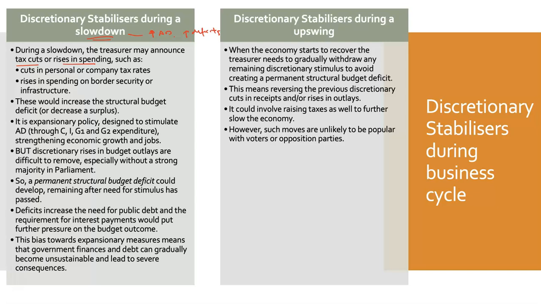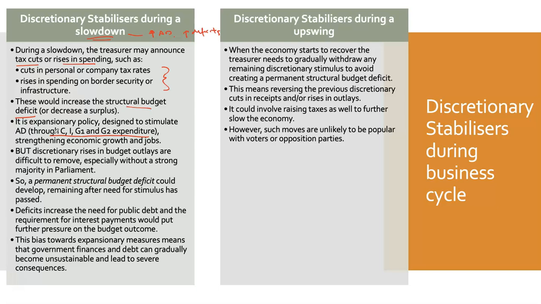And you can see that there are some examples here, like cuts in personal and company tax, rising spending. Now these will increase, as we said, the structural budget deficit. This is an expansionary policy to deal with the slowdown that is designed to stimulate aggregate demand by increasing lots of the components of aggregate demand, such as consumption, investment, and government expenditure.